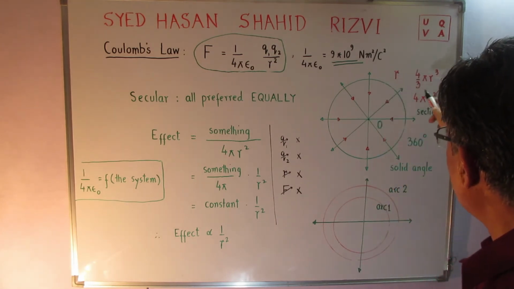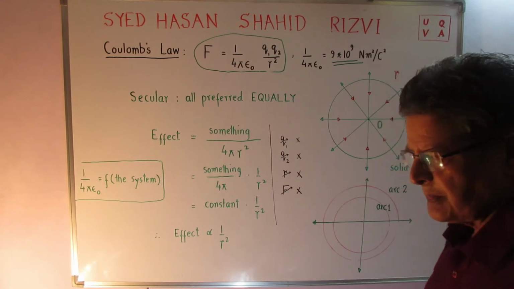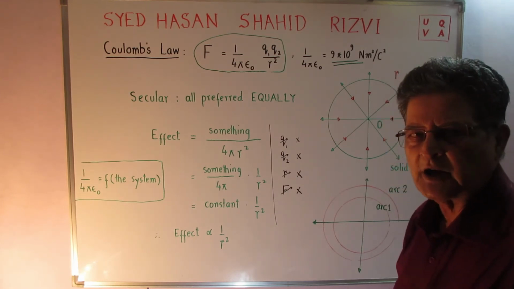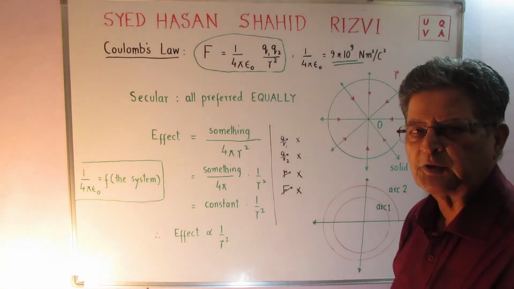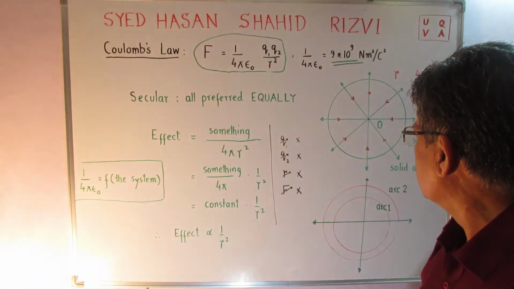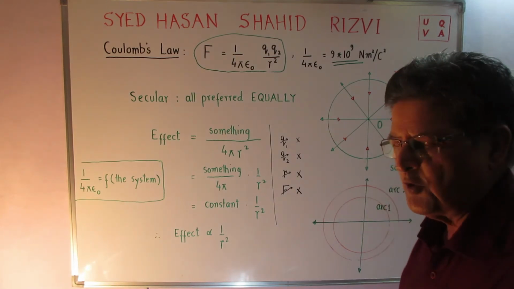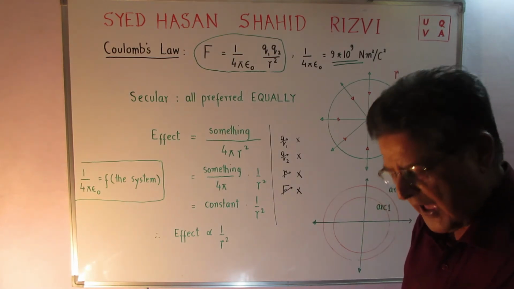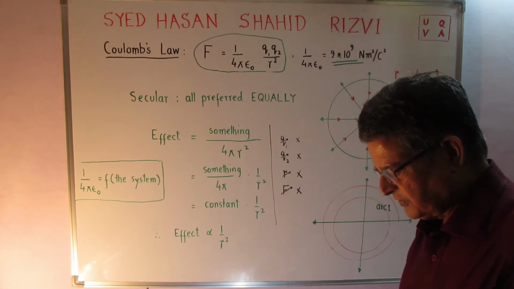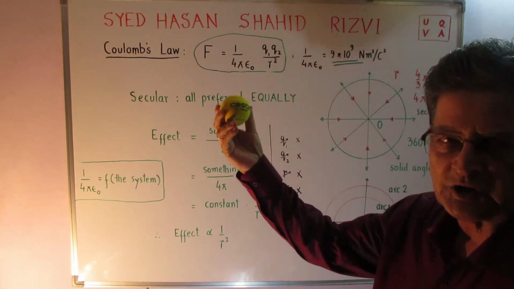Do you know what is 4 by 3 pi r cube? 4 by 3 pi r cube is the volume of the sphere. What is the surface area? 4 pi r square. And this is one of the most beautiful things in nature.